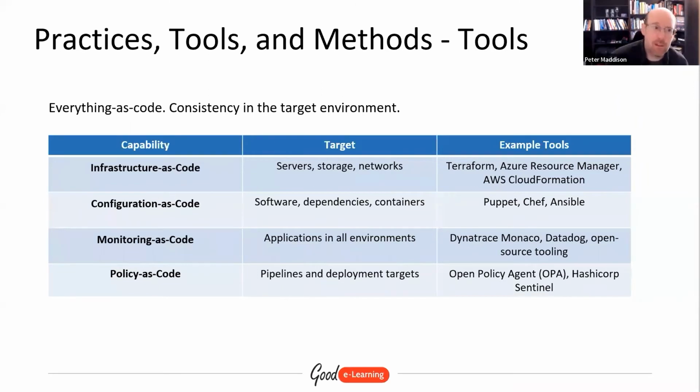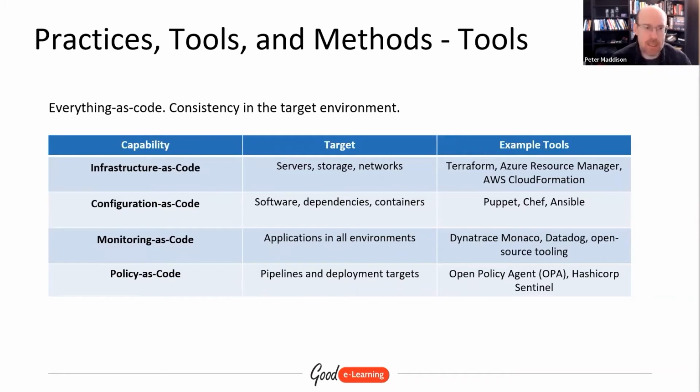Monitoring as code: when we think about all applications in all environments, if we've got these complex services across large distributed systems, understanding how we can capture and move monitoring as code in with our applications so that we're able to store that alongside it, so we're not separately managing the monitoring in some other system.